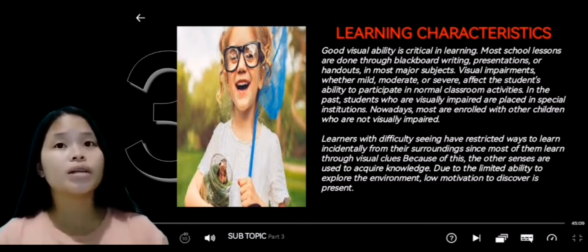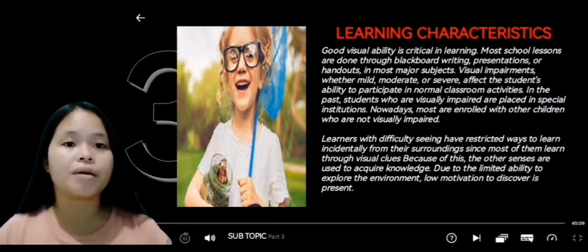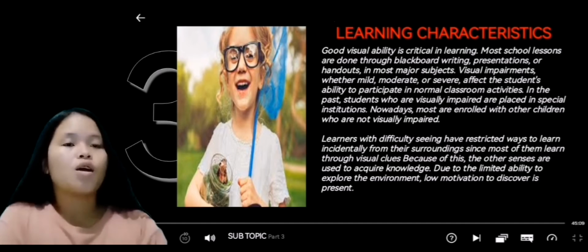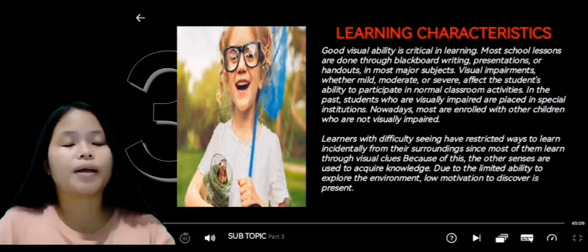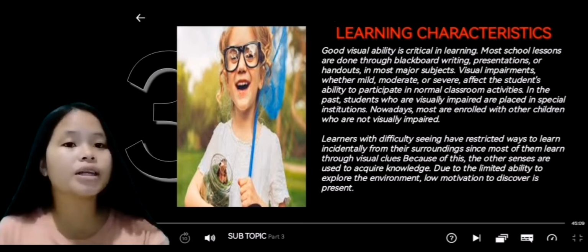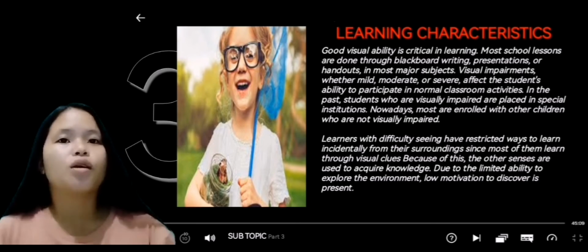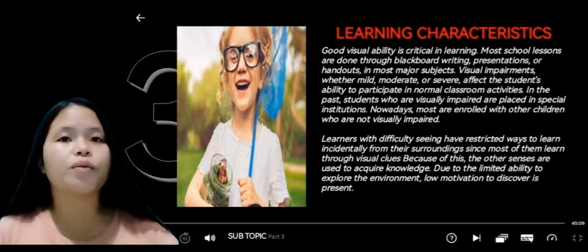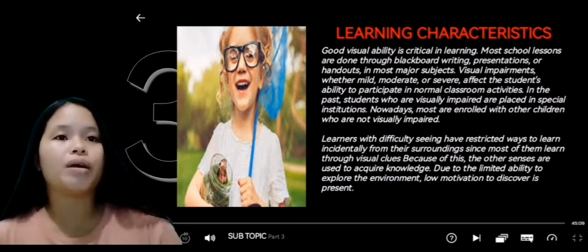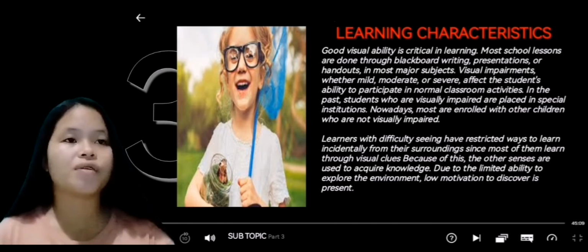So, if a student with a visual impairment is enrolled in our class, as a future educator or teacher, we should keep in mind that visual impairment is included in learning. We educators frequently speak of children with visual impairments in terms of classroom functioning.